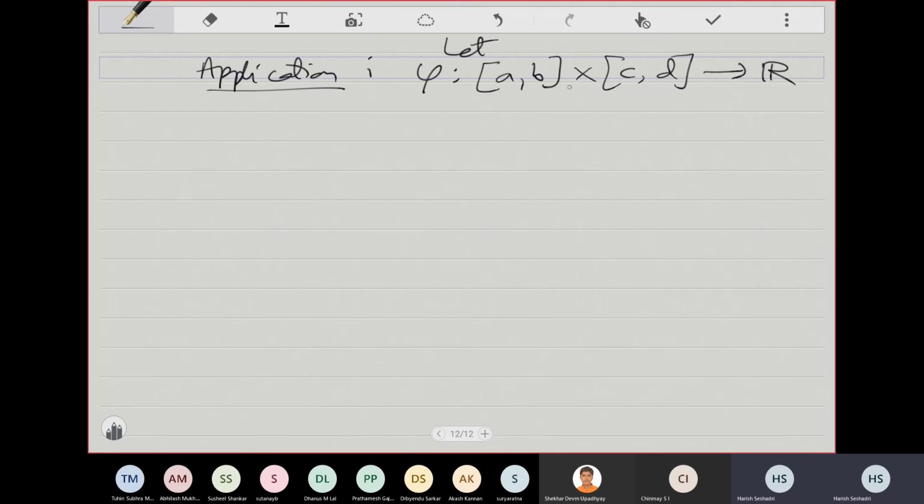So this is from a rectangle. So this is AC, then BC, AD, BD.